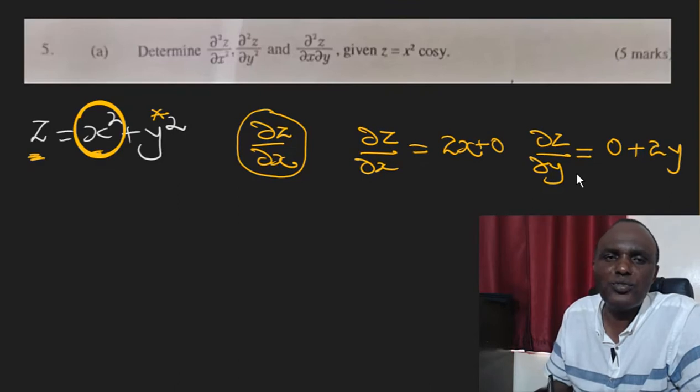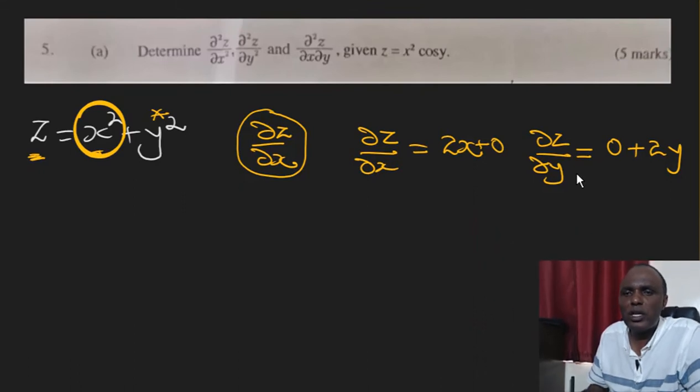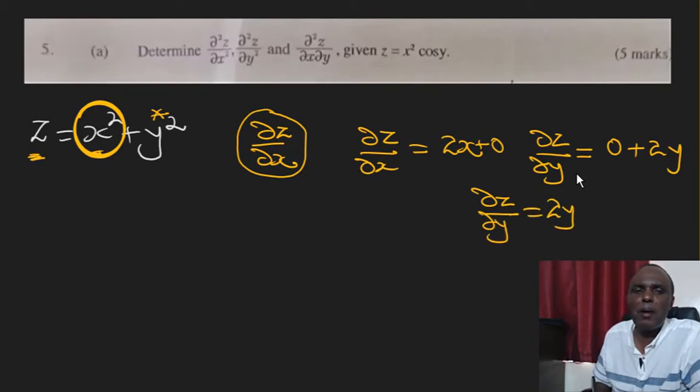That is when you differentiate y squared with respect to y, you are going to get 2y. Therefore ∂z over ∂y is equal to 2y.